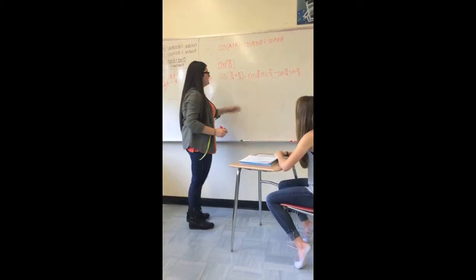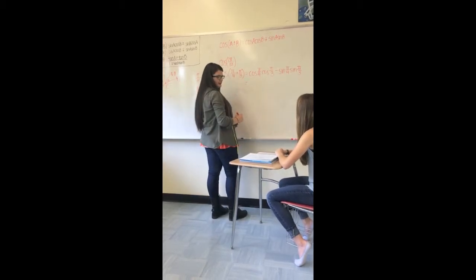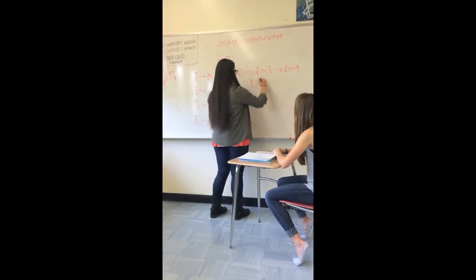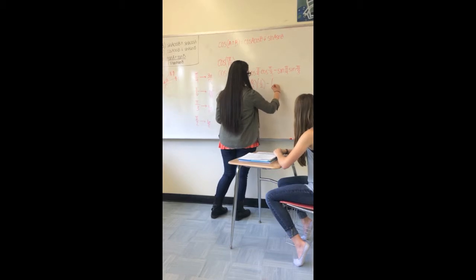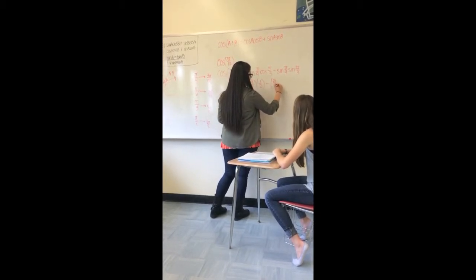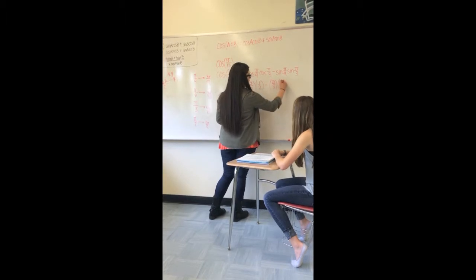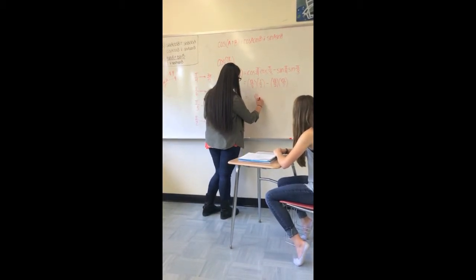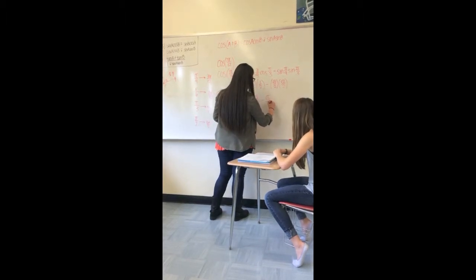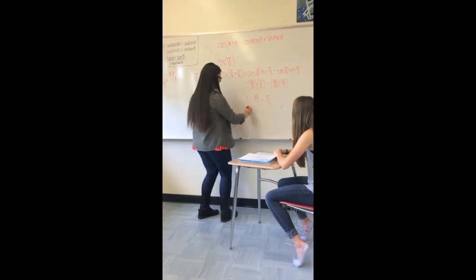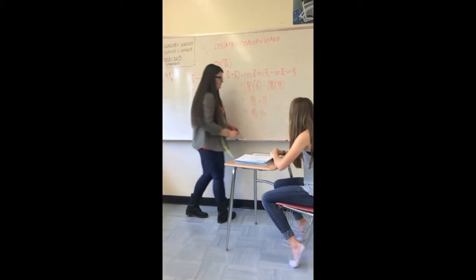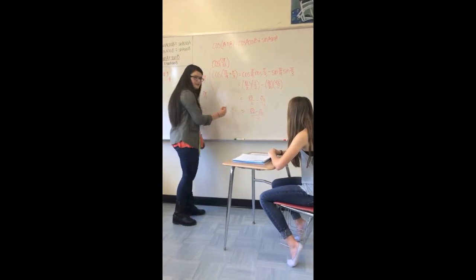Now we get the value of each of these, which is cosine of pi divided by 4, radical 2 divided by 2, times 1/2, minus radical 2 divided by 2, radical 3 divided by 2. Now we just multiply these numbers and we get radical 2 divided by 4 minus radical 6 divided by 4. They have the same denominator, and you can simplify it to this. And that is the cosine of 7 pi divided by 12.